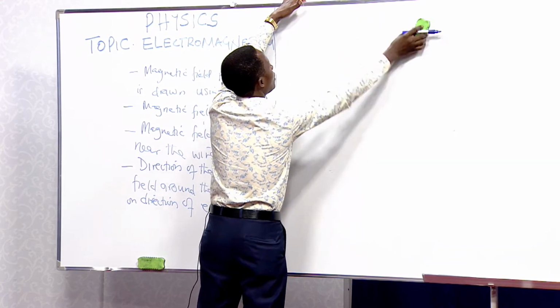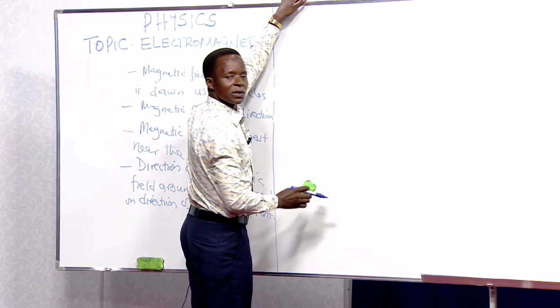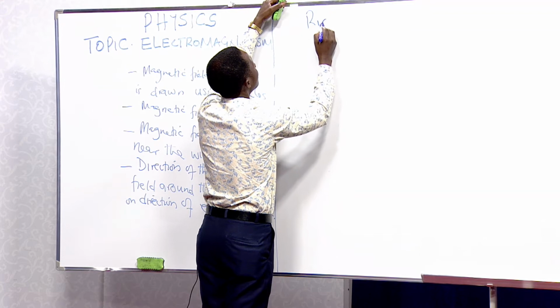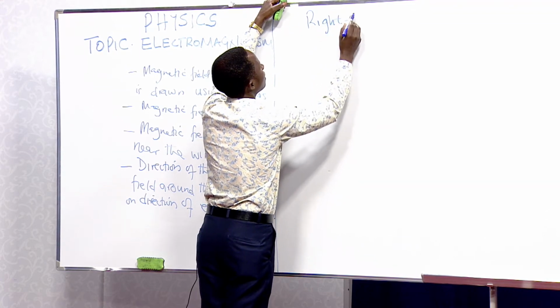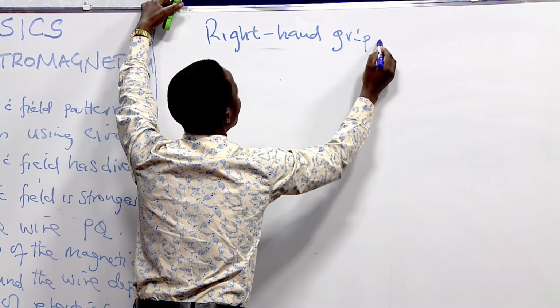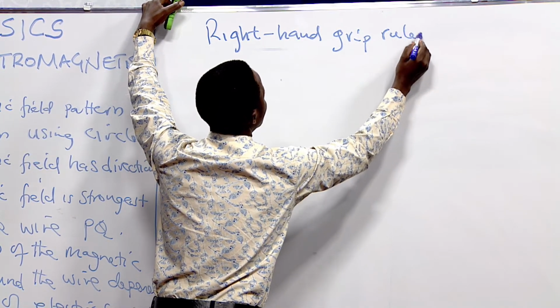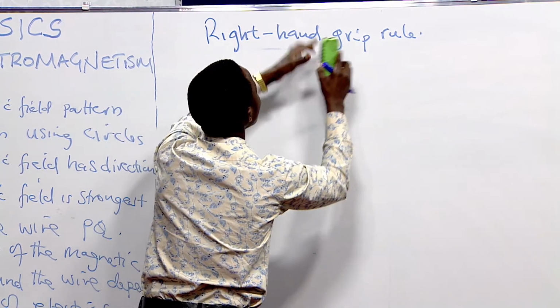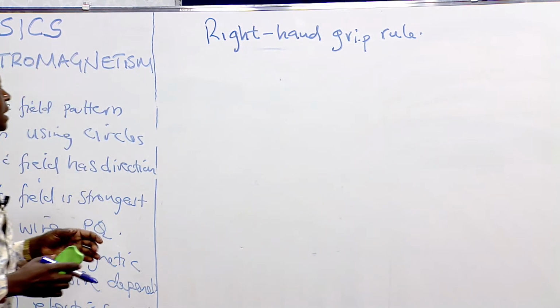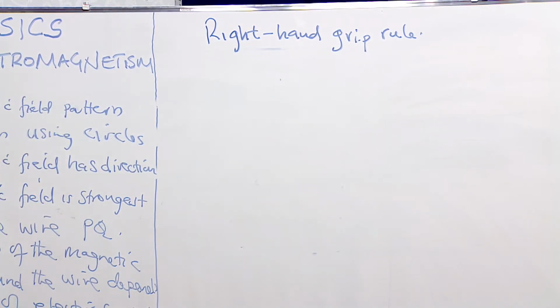But we can use a simple concept to tell the direction of the magnetic field. And there we use what is called the right hand grip rule. Right hand grip rule. So we want to use this concept, this theory here, right hand grip rule, to tell the direction of a magnetic field around a conductor.